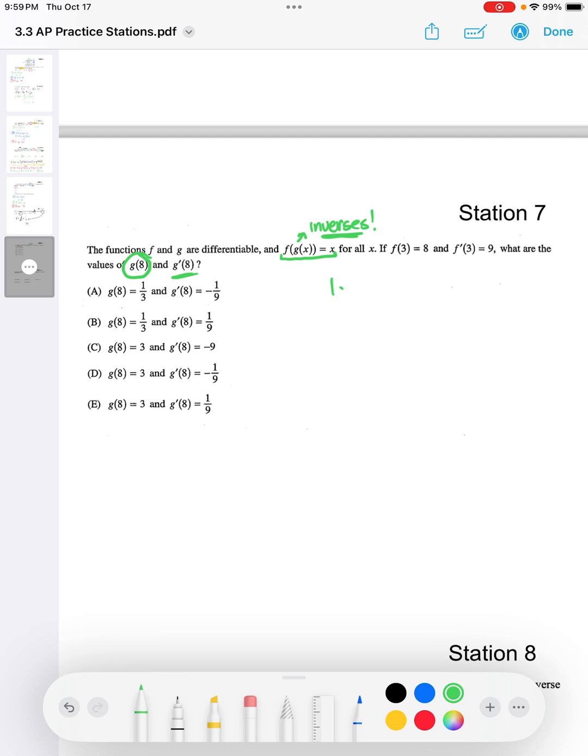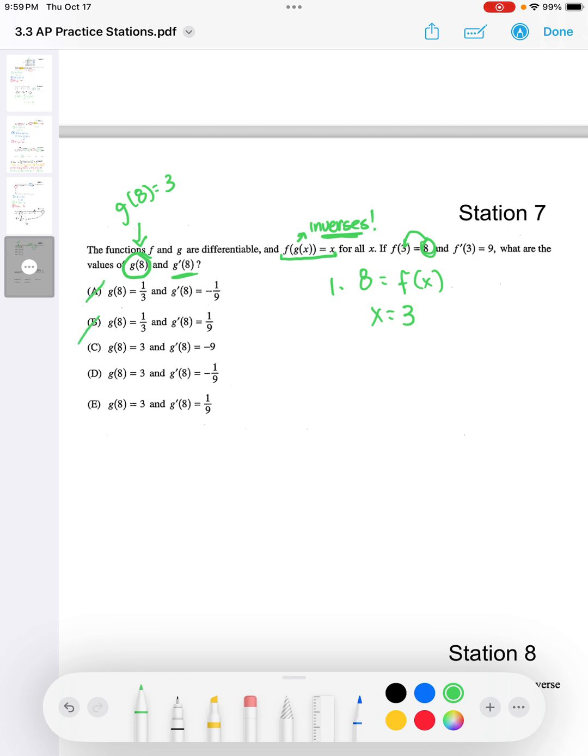So g prime of 8, so I have 8 as my x value on my inverse, so it's the y value on my function. So I'm going to set 8 equal to f of x. And when I find 8 equal to f of x, I can figure out that my x value is 3. So if my x value is 3, then I know that that would be my y value on my inverse. So g of 8 is 3.